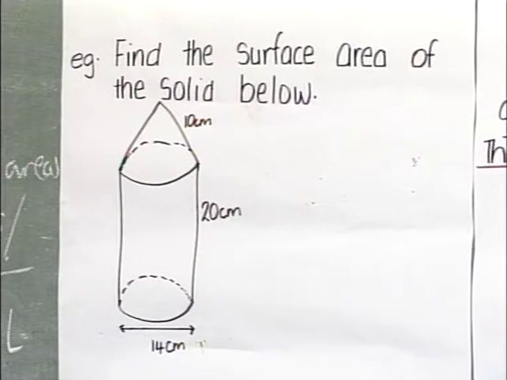If you see that there is a measurement which is a multiple of 7, use 22 on 7.